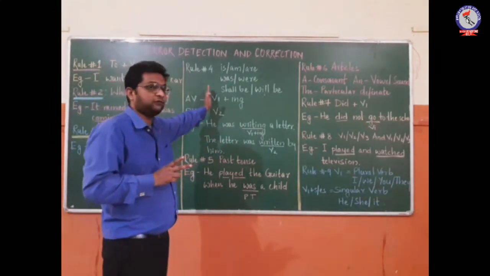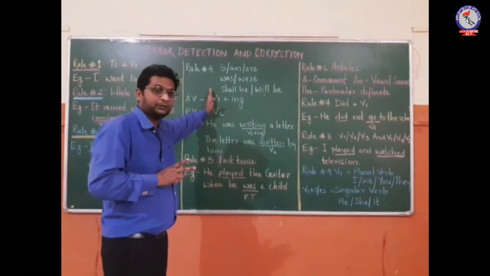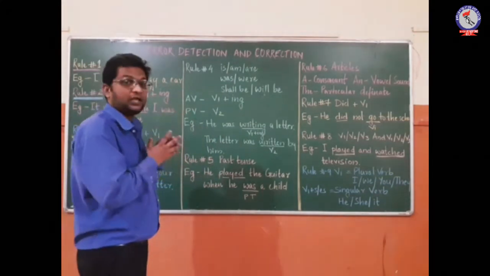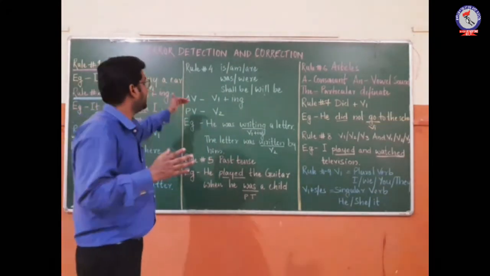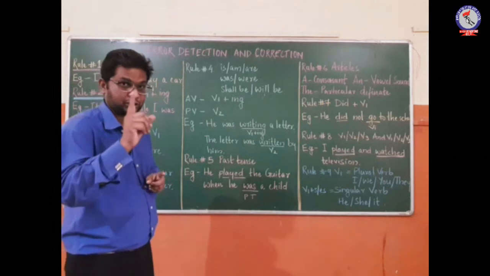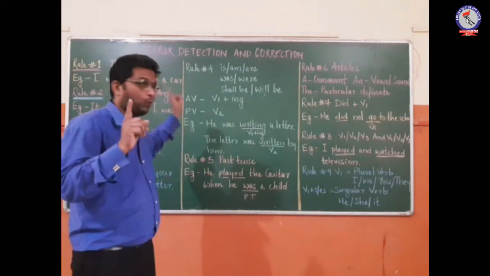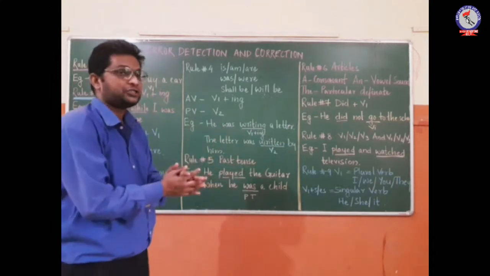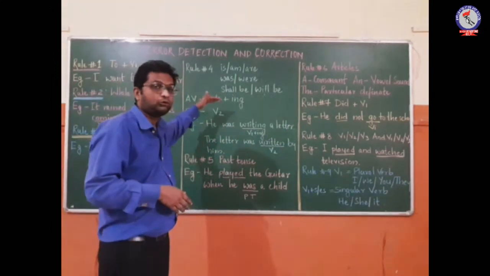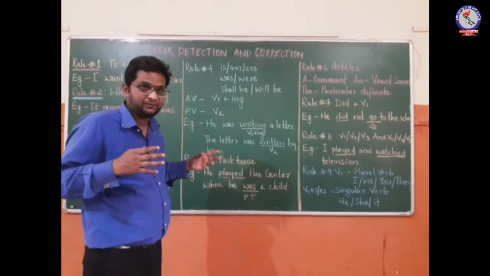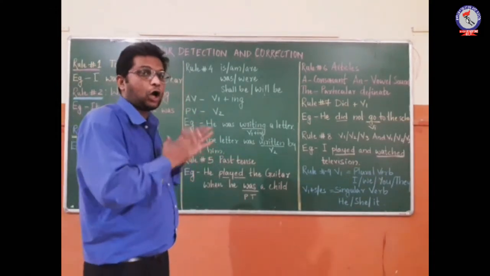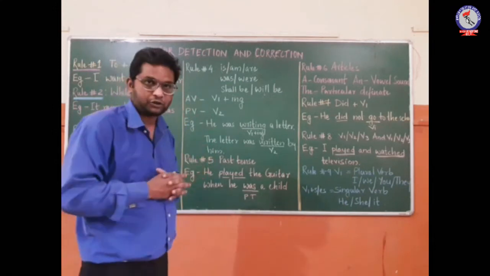We will be using V1 plus ing in the case if the sentence is in active voice. Listen to me carefully. When the sentence is in active voice, then this rule will be implemented. That means V1 plus ing in the case of active voice.